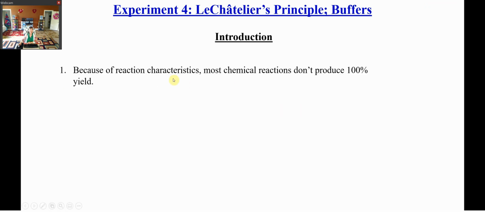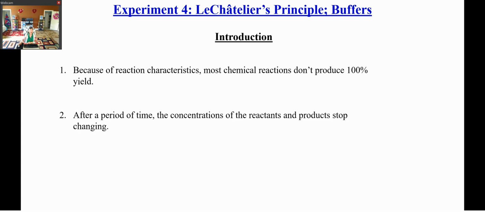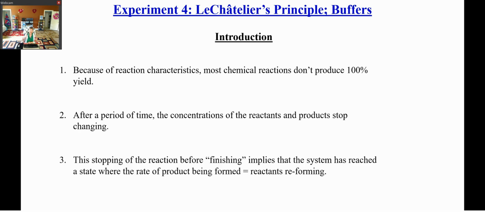Introduction. Because of the reaction characteristics, most chemical reactions do not produce 100% yield. After a period of time, the concentration of reactants and the concentration of products stop changing. You no longer observe net change in terms of concentrations.